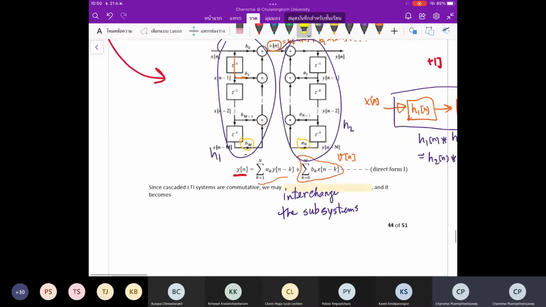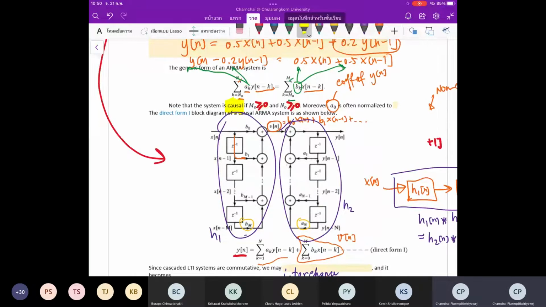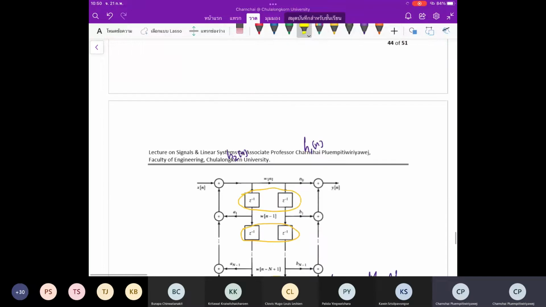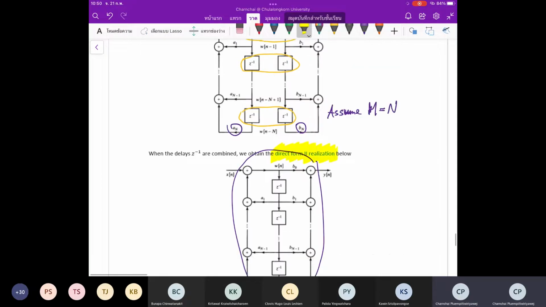The first system here is called direct form 1. What's the advantage of direct form 2? It reduces the number of delays.